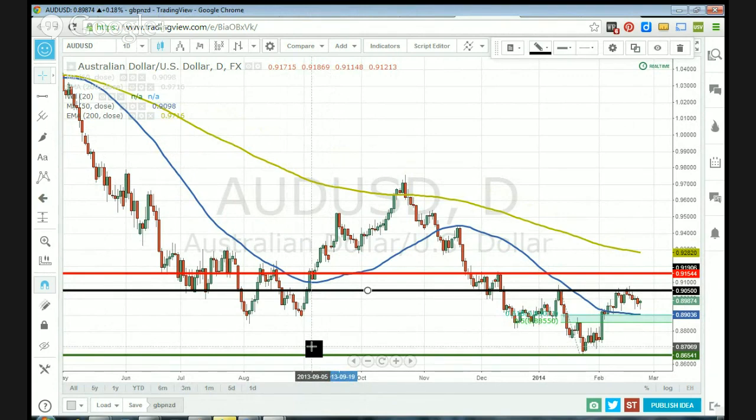So moving that down 16 pips. And the stop I'm going to leave as is. So I'll make my position a little smaller. Okay, so that's Aussie dollar.